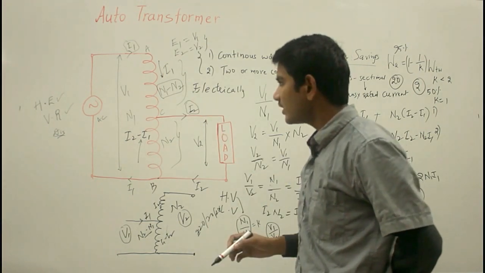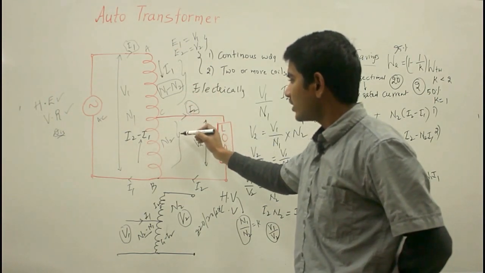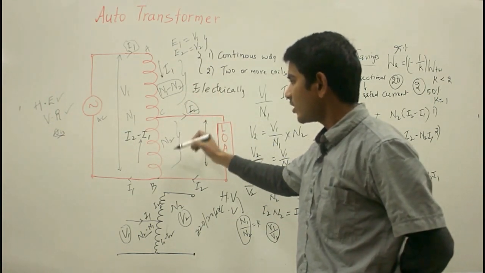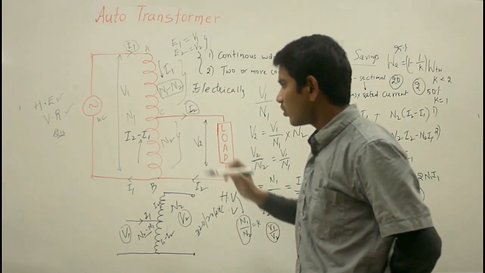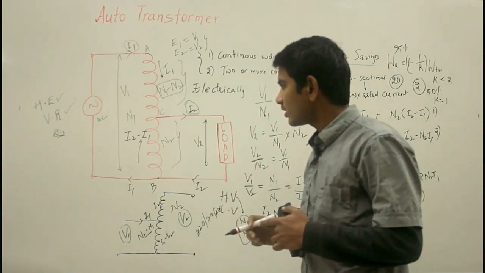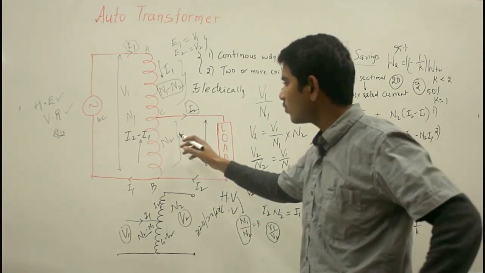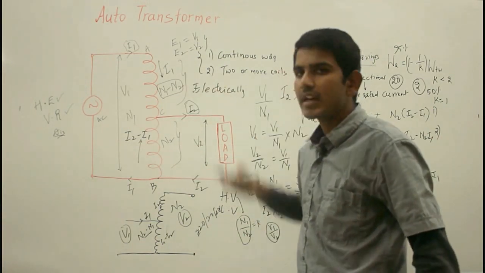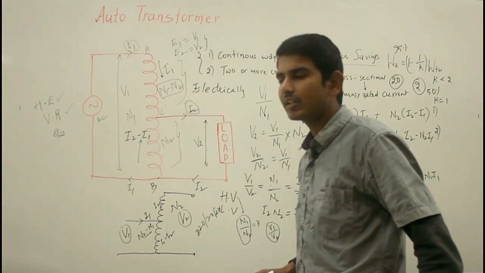Now as they are electrically conductive, the lower voltage circuit is liable to be impressed upon by the higher voltage circuit. That means, to avoid breakdown in the lower voltage circuit, it becomes necessary to design the lower voltage circuit to withstand the higher voltage. So this is one disadvantage because they are electrically conductive.